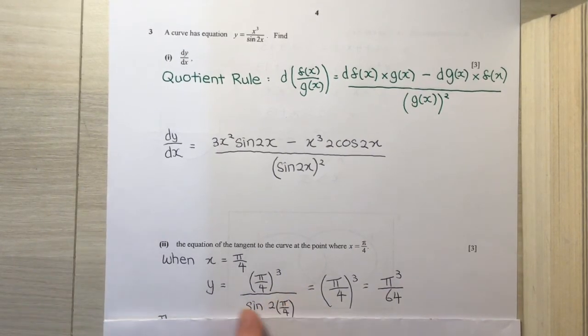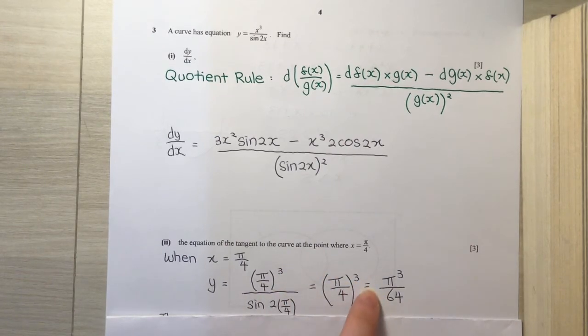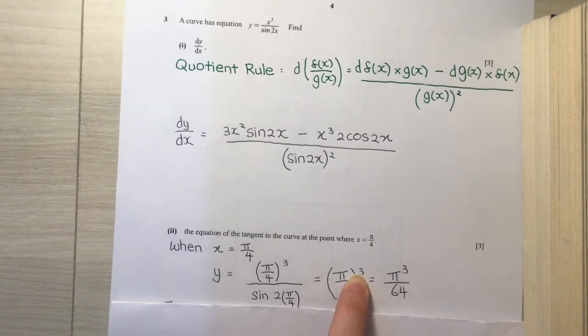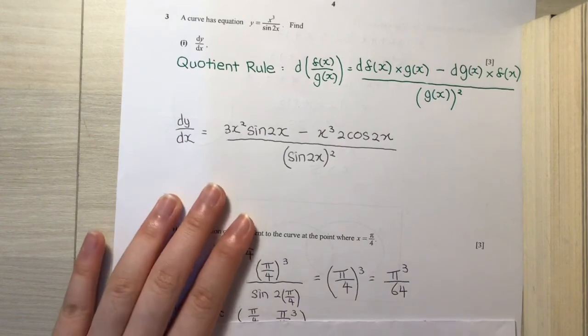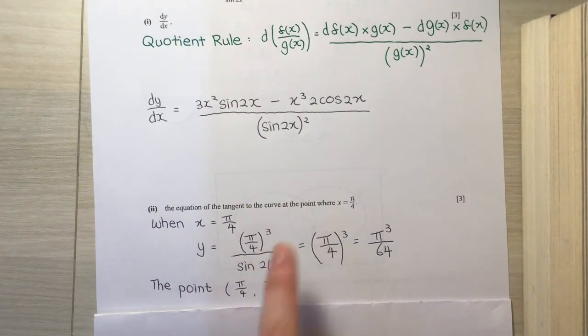So you can omit this part from this step onward, because this equals 1, and pi over 4 to the power of 3 divided by 1 is still 1, so we are only left with pi over 4 to the power of 3 itself. So this is your y, and this is the point where the tangent and the curve intersect.